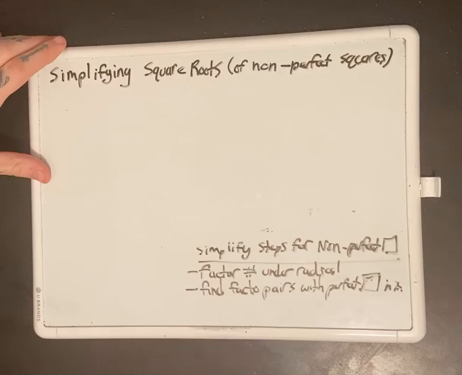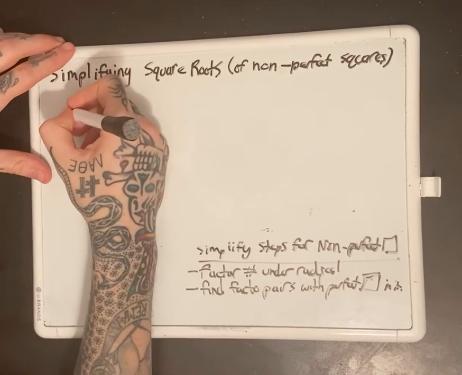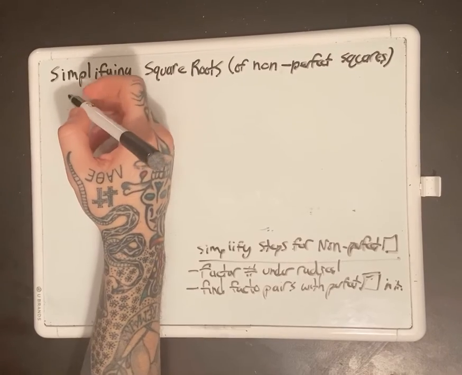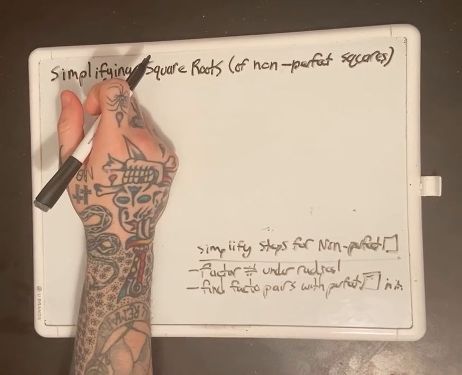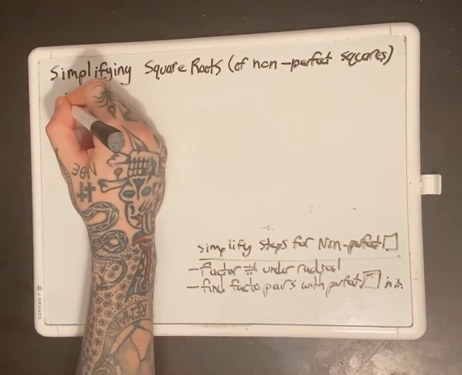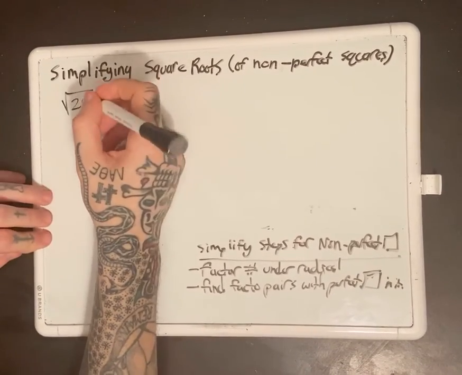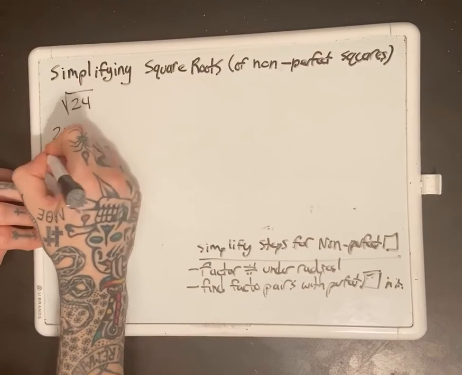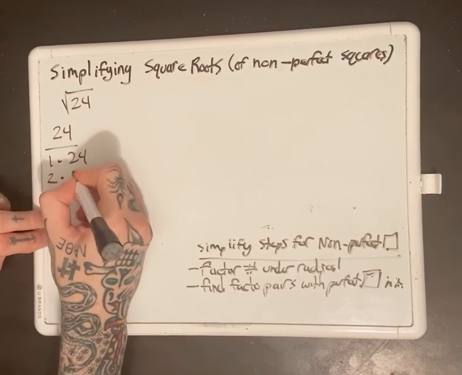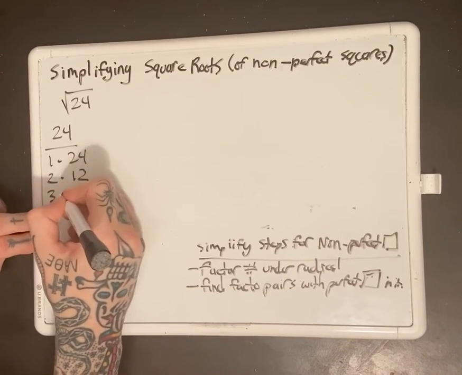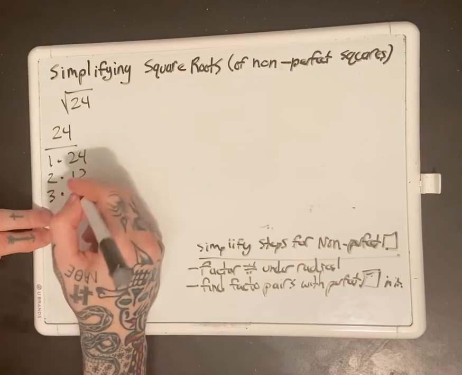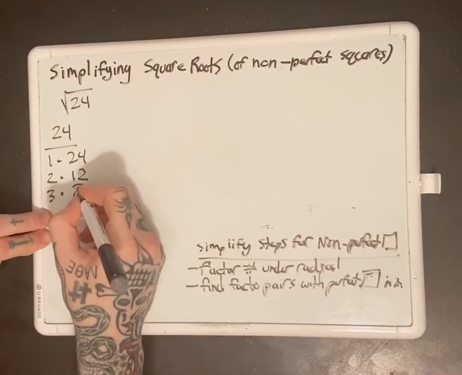Okay, so let's look at square root of 24. So the first thing I would do is factor 24. 1 and 24, 2 and 12, 3 and 8.